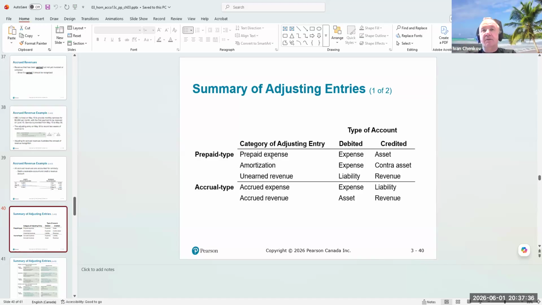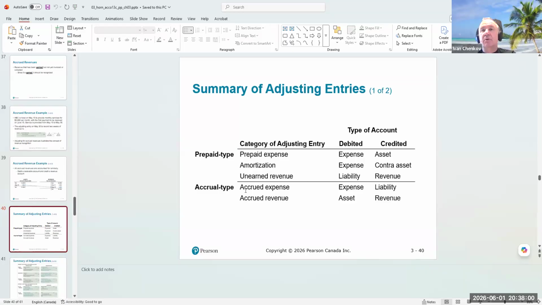Unearned revenue, we receive the cash, we push the revenue into the future. In the meantime, we record it as a liability, but later we're going to flip it to the revenue. In the prepaid expenses, in the meantime, we show it as an asset, but later when the adjustment comes, we move it where it belongs, to the expenses.